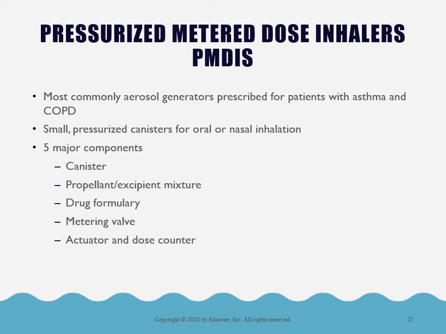You may be familiar with things like Nasacort, or things like an albuterol MDI. They have 5 components: the canister, the propellant, how they're formulated, a metering valve, and an actuator and dose counter.